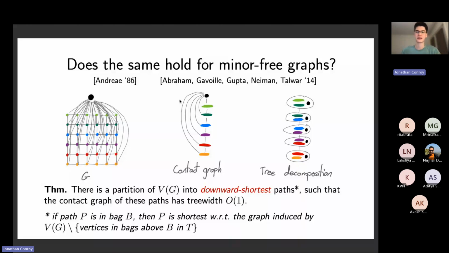By downward shortest path, I mean, if a path is in some bag B, let's say we look at this purple path in this bag B, and we delete all of the vertices in bags above this bag B. So if you delete all of these paths that came earlier, in this order, and you just look at everything below you in the tree decomposition, then the purple path is the shortest path in this graph.